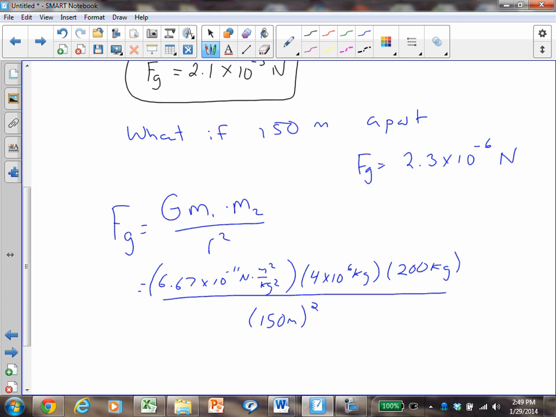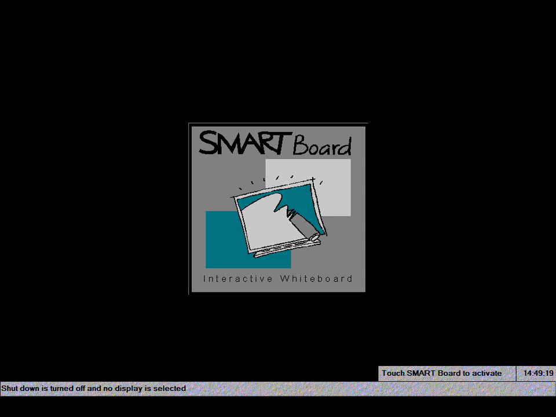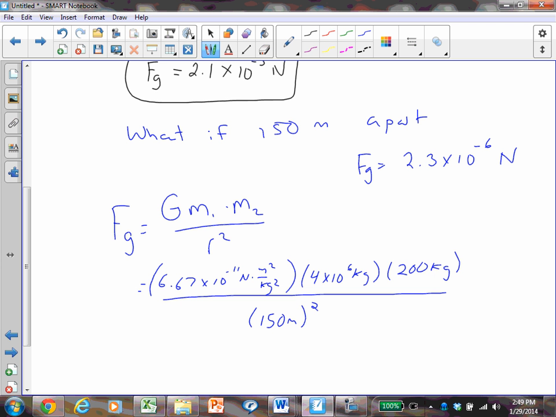Three squared is 9. This was originally 50, now 3 times 50. The 3 is also squared. Inverse square law. Oh, I didn't even touch it. See that? I know this is right.